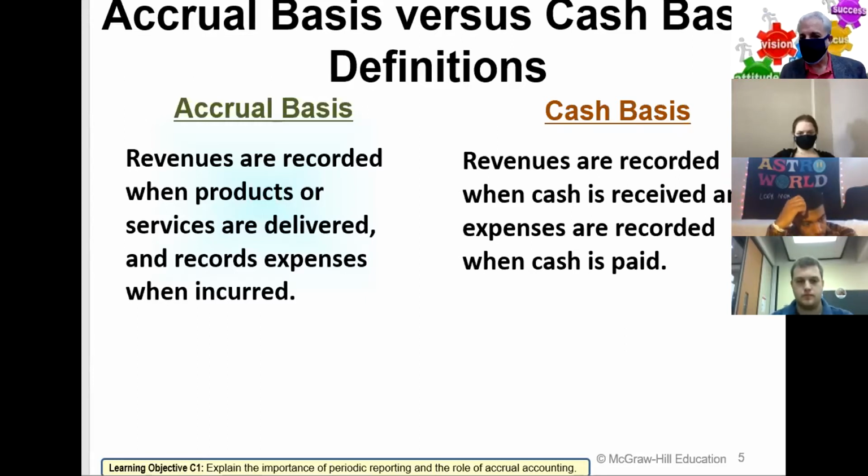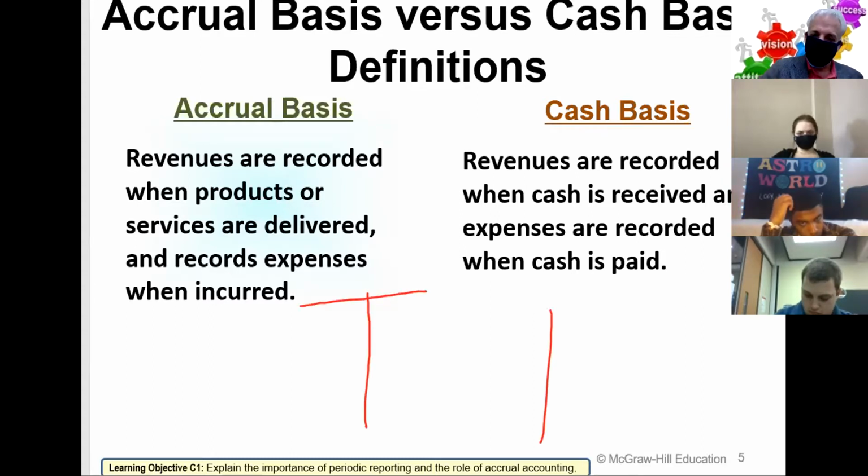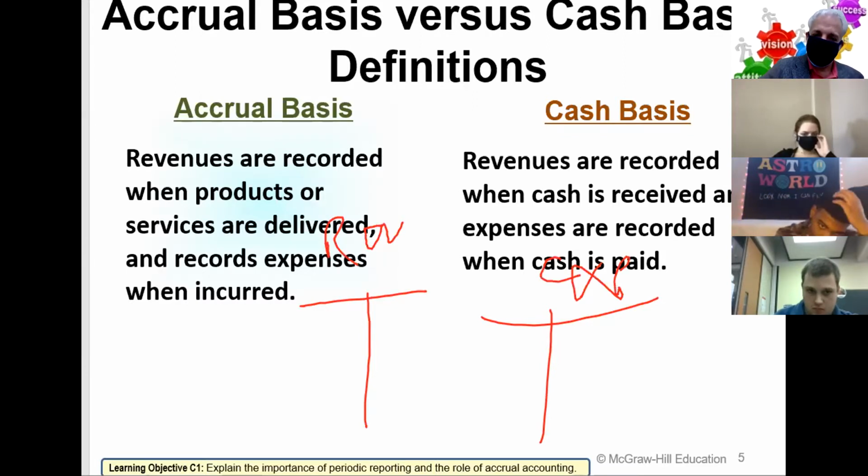But the accrual basis is important to understand, because what's going to happen when you are reporting? Let's say this is our revenue, these are expenses. In December, I get paid $20,000 in revenue for a project I do in January.